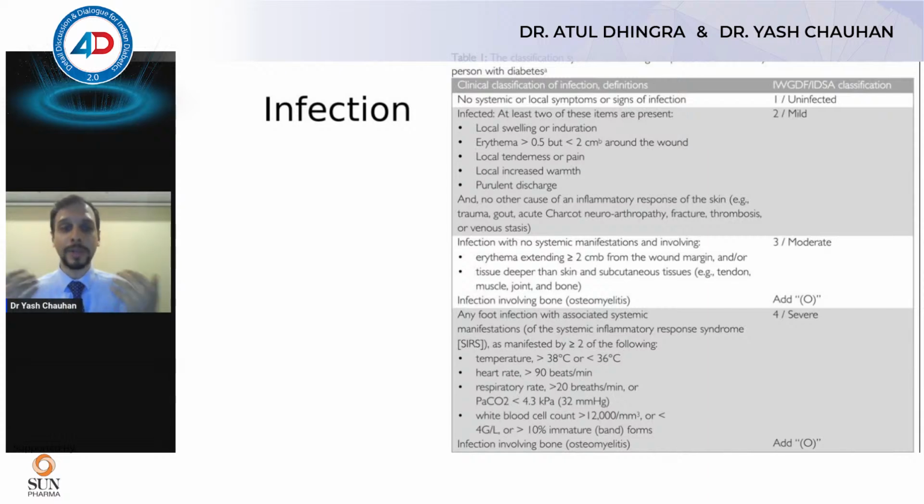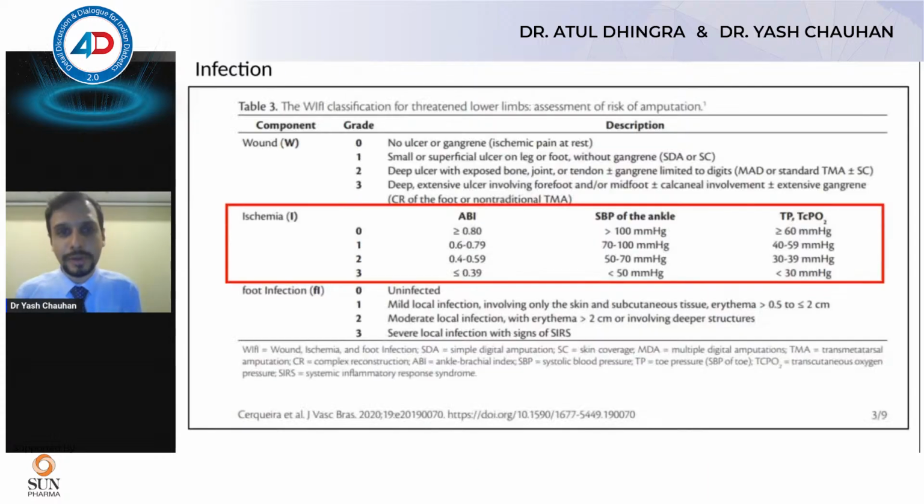And finally, if the patient has a systemic inflammatory response, that is, develops fever, has a low blood pressure, a rapid heart rate or respiratory rate, is in sepsis basically, that leads to a severe systemic infection. And often we find that the infection has involved the bone, and that leads to osteomyelitis. And we always add an O when we're classifying it. So this is just the basics of classification.